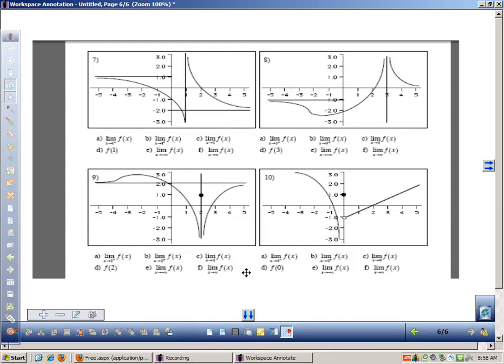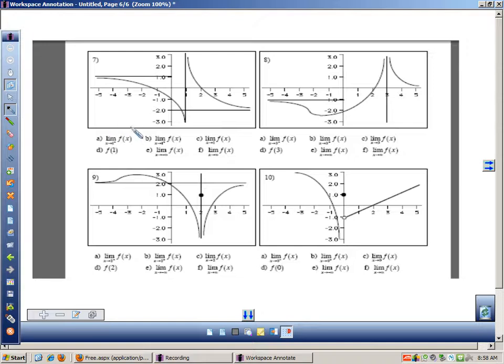Questions before we look at these examples? So these examples bring all of our different limits together. We're looking at as x approaches a specific value and as x approaches positive infinity and negative infinity.